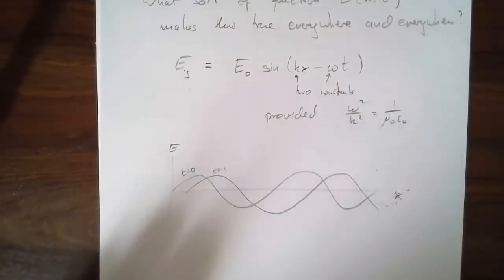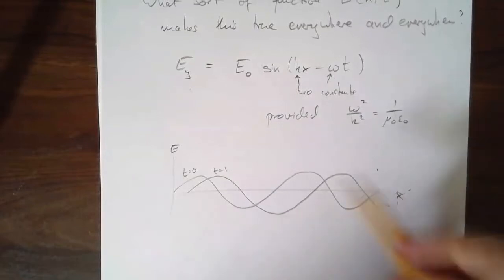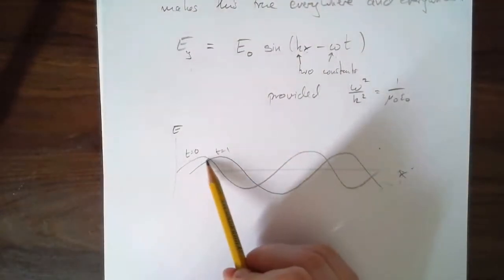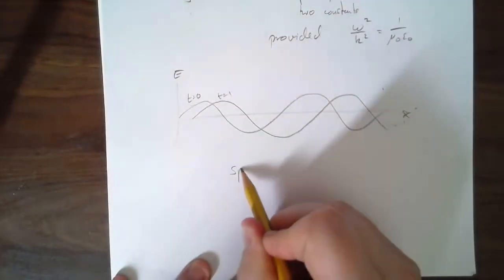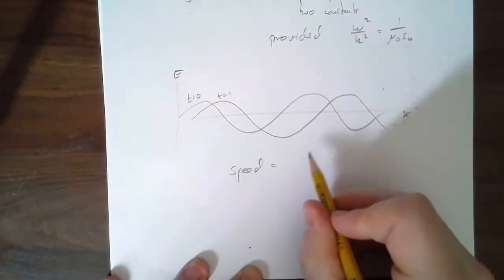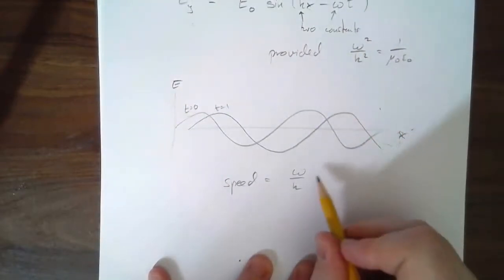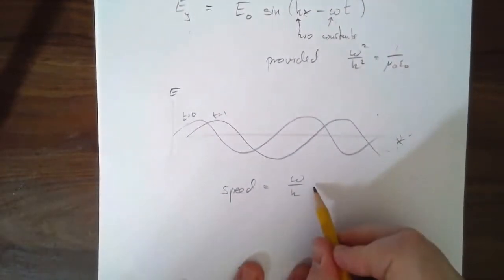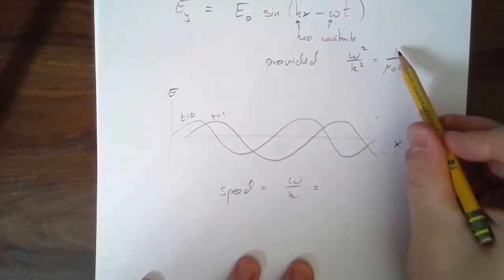The book goes through some of it. But essentially what you can show is that the speed at which this function moves to the right is equal to omega over k, just based on how sine functions work. Pure math. And that we know is equal to this.